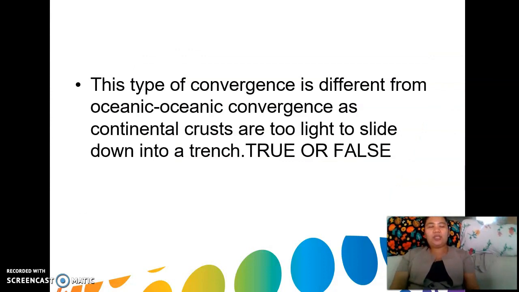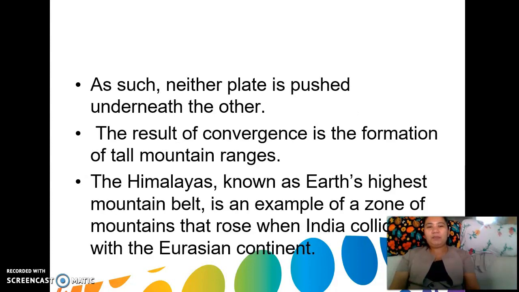This type of convergence is different from oceanic to oceanic, as continental crusts are too light to slide down into a trench. Of course, this one is true. As such, neither plate is pushed underneath the other. The result of convergence is the formation of tall mountain ranges. The Himalayas, known as Earth's highest mountain belt, is an example of a zone of mountains that rose when India collided with the Eurasian continent.